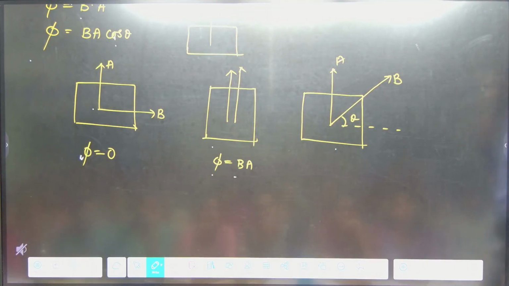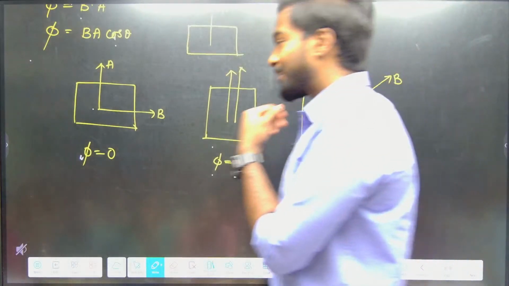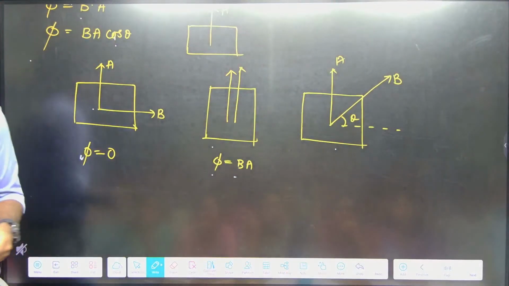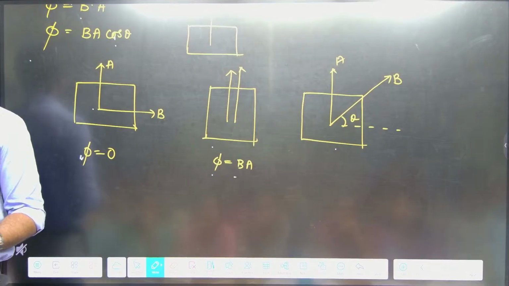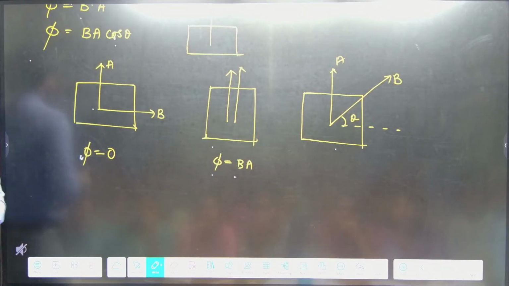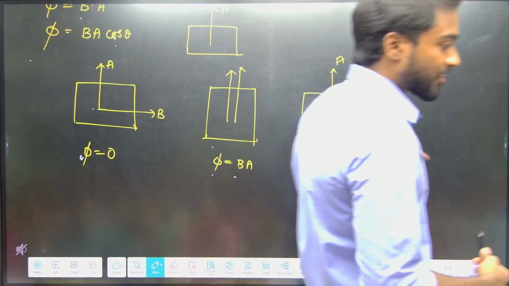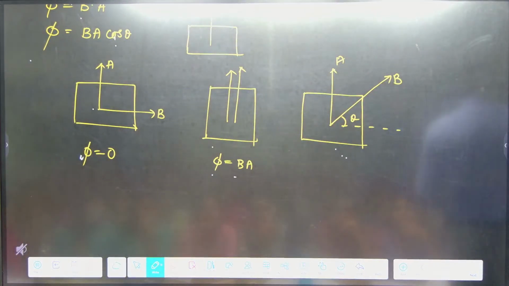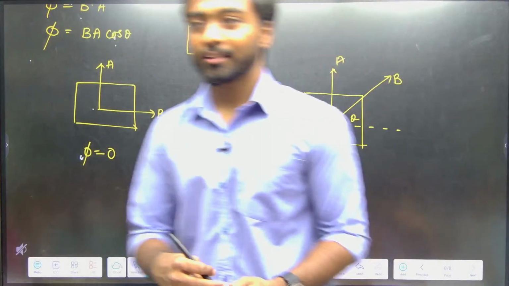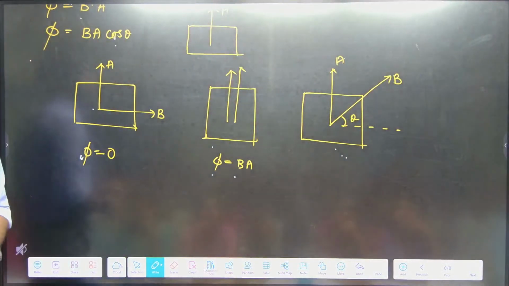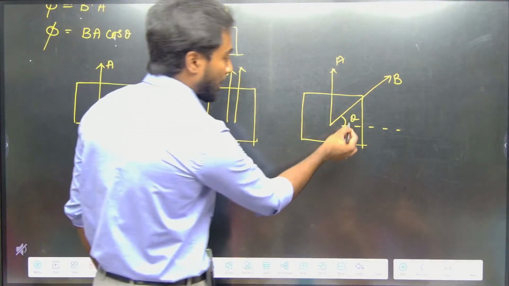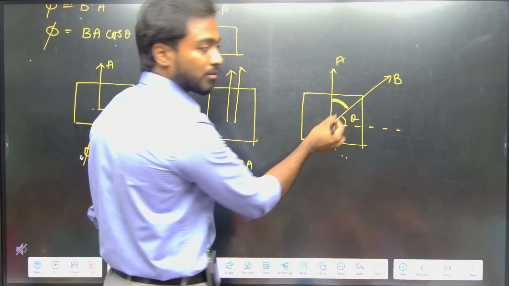B A cos of 90 minus theta. Right. Let others also think. What is the answer for this case? B A sin theta. Correct? Anyone having any doubt in this? Why are we taking B A sin theta? Because we are talking about the angle between these two things.